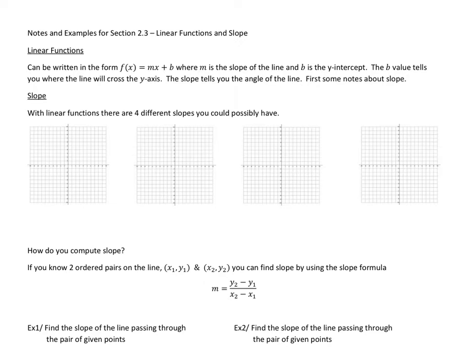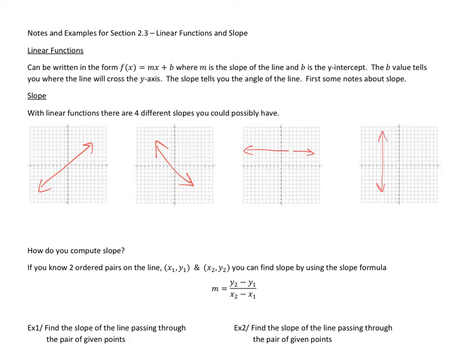The first type of slope we can have in this first graph is a positive slope, and that is an increasing line. We could also have a negative slope. You could also have a zero slope, which you would know is constant. And you could also have an undefined slope, which would be a vertical line.